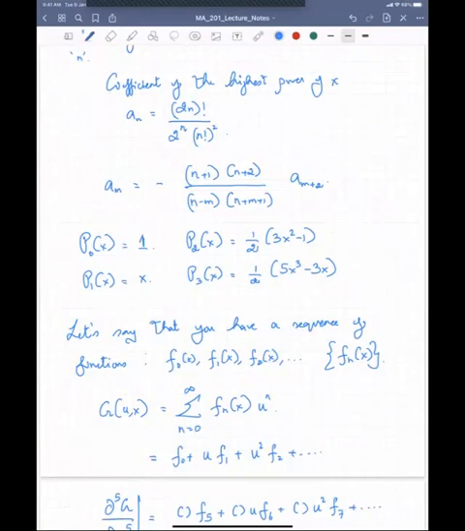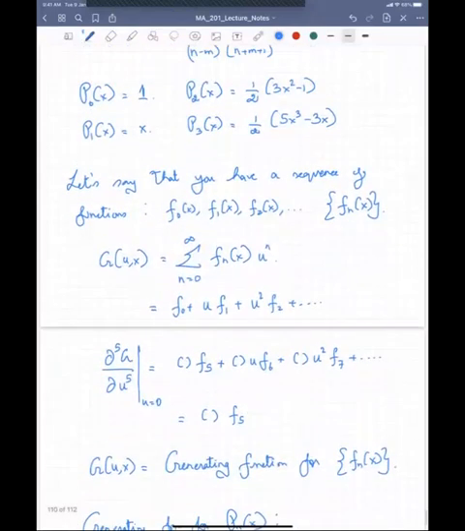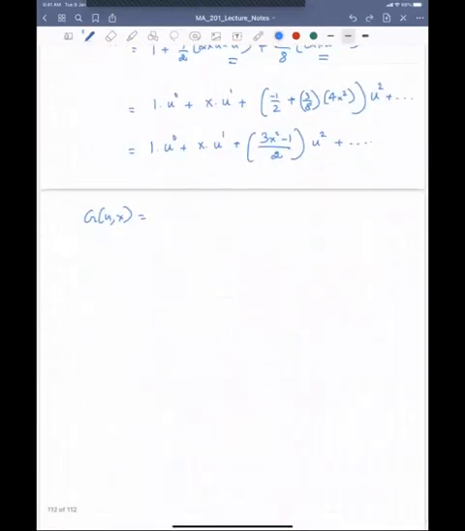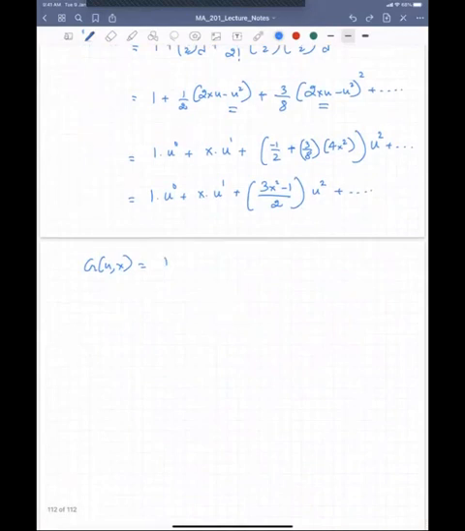Okay. So are there any questions about this? Okay. So I need to check if this number is 2 or 3. I'll do that. Okay. So basically, I've shown that this can be written as p0(x) u to the 0 plus p1(x) u to the 1 plus p2(x) u square plus so on and so forth.